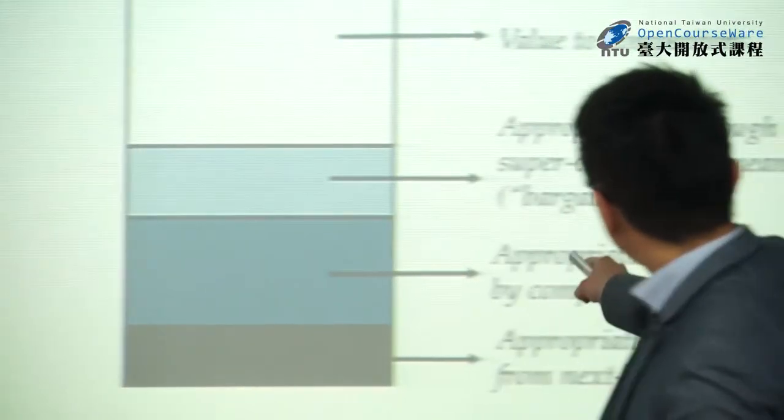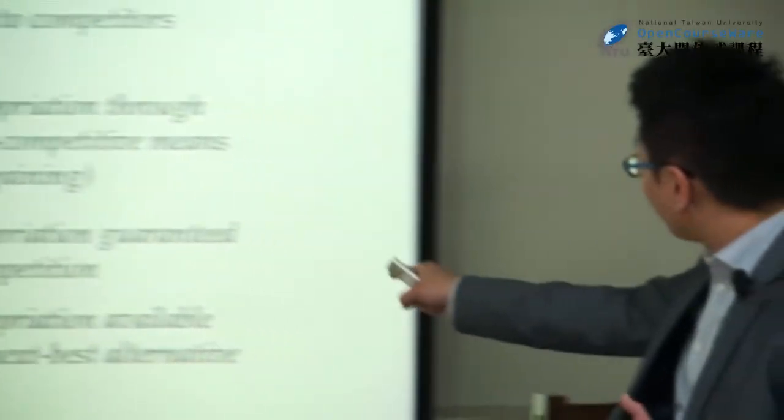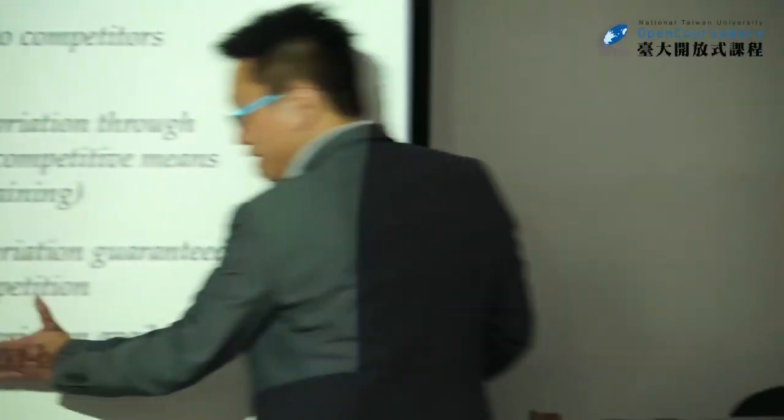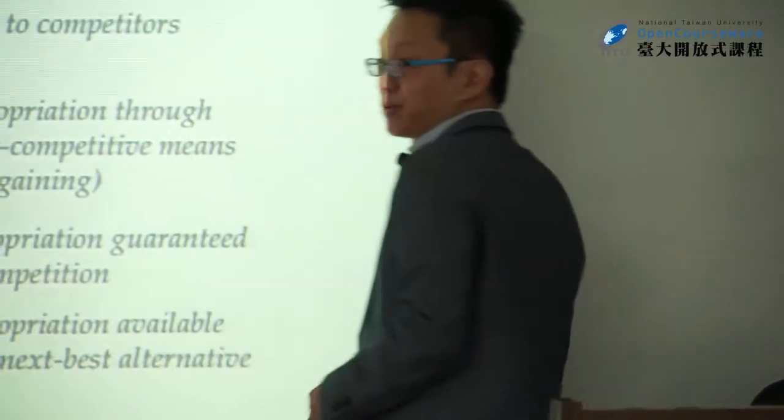That means the appropriation available from the next best alternative. This ecosystem definitely needs to give you higher value than the other ecosystem. Is that okay? This is the opportunity cost concept from economics. In order to have your resources in this ecosystem, they need to pay you better than the other ecosystem.